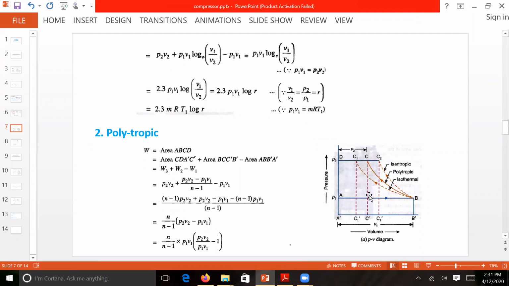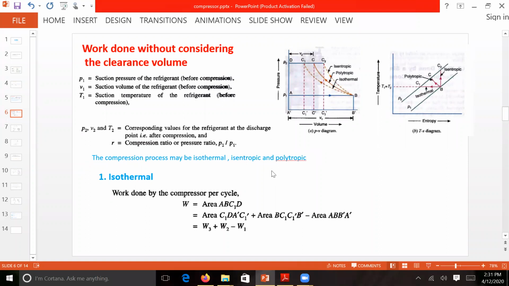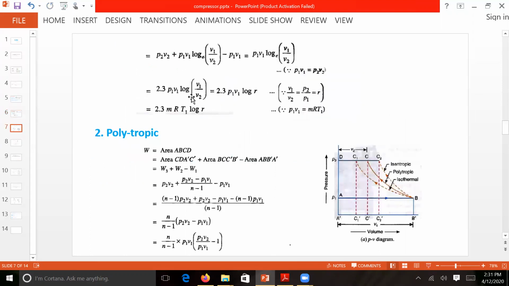The second one is the work done for an isothermal process, minus this rectangle, which is P1 into V1, with this height P2 and length V2. So this is the area under an isothermal curve, and this will give you the final work done. P2 V2 and P1 V1 are the same because it is an isothermal process, so PV is equal to constant. So this is cancelled, and only the isothermal term remains.